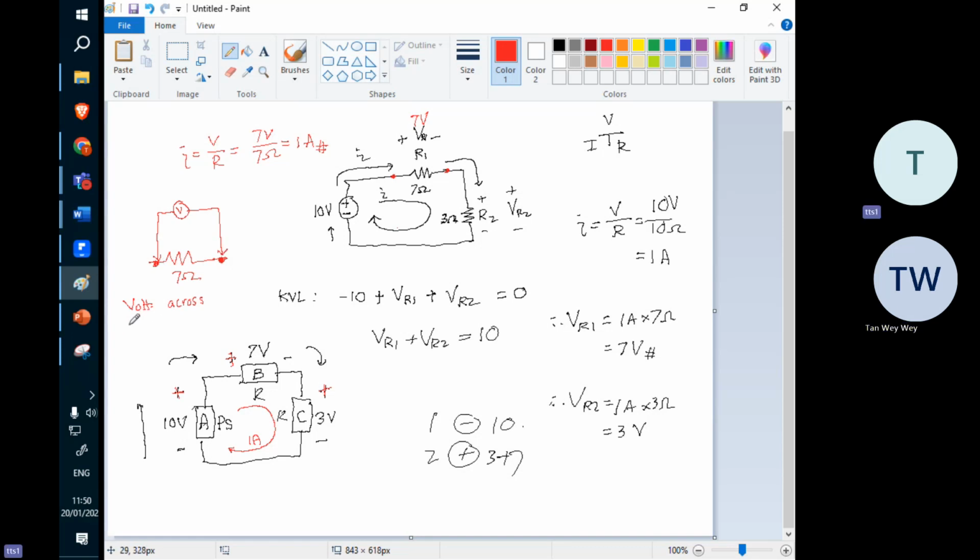Some will say voltage drop across 7 ohm. It is 7 volt here. So the current flowing through this one can use this formula: 7 volt divided by 7 ohm.